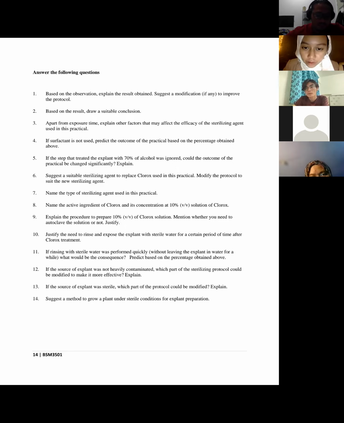I thought it's the same. Oh, maybe different. From what I read in the manual, I think the difference is just the exposure time.